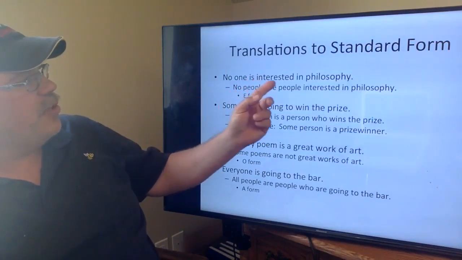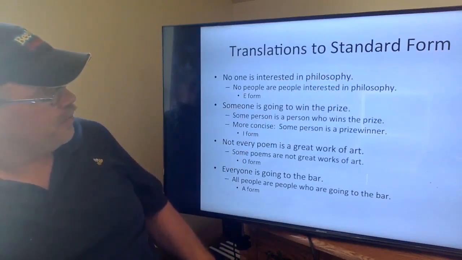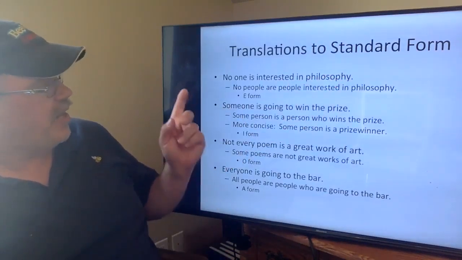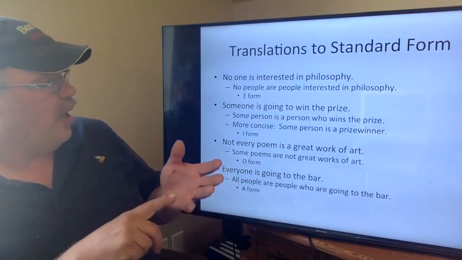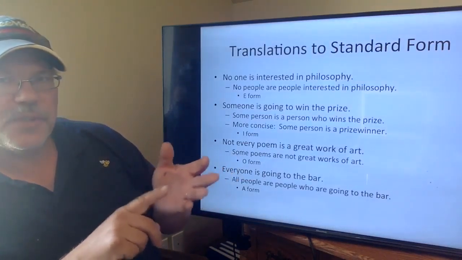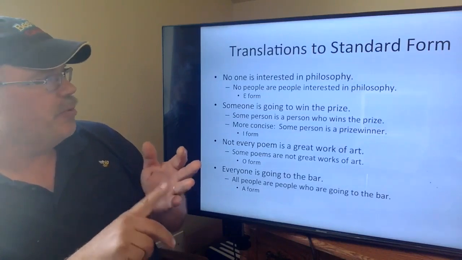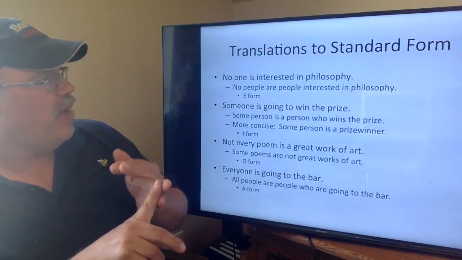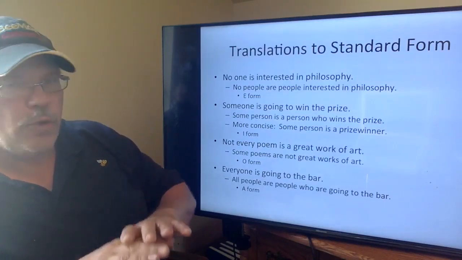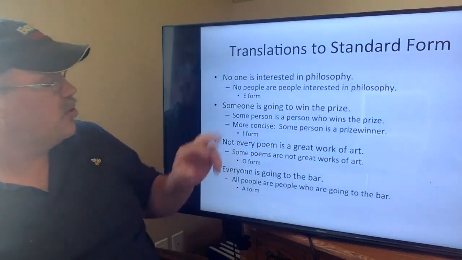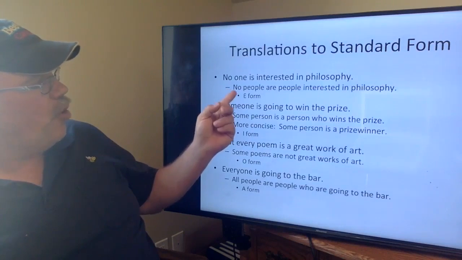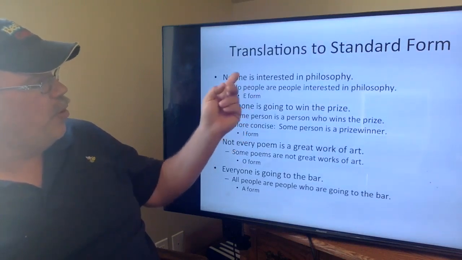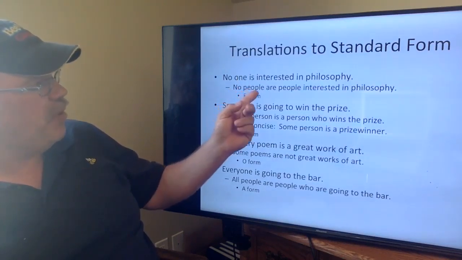No one is interested in philosophy. Getting that into standard form means we want clear subject and predicate. We want it to be the verb to be, and we want two described sets. This is a pretty easy one, but we're going to say the no people. When we talk about no one, we're talking about the set of people.